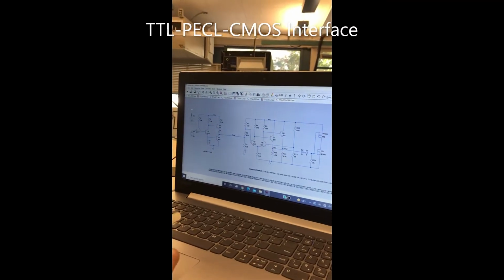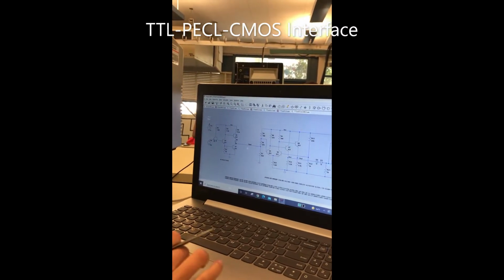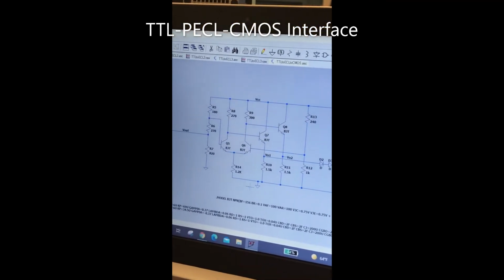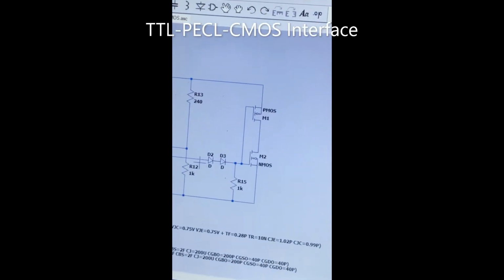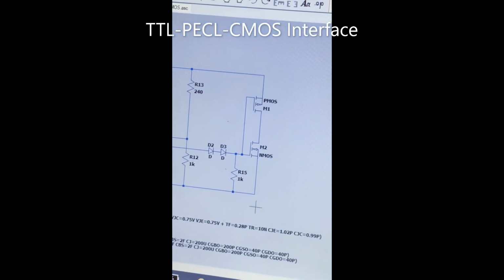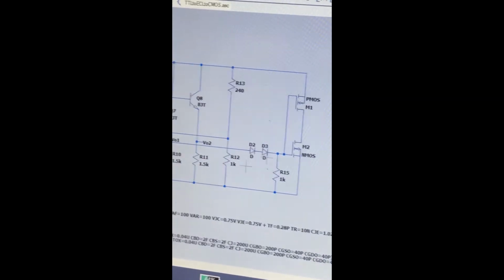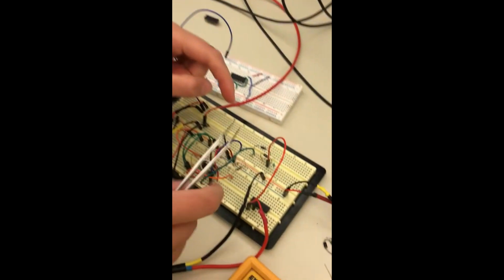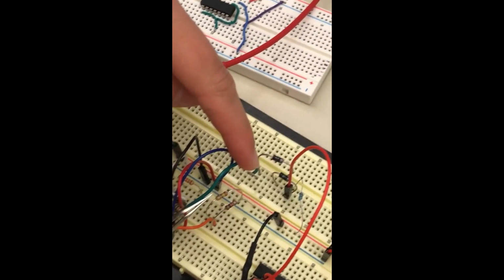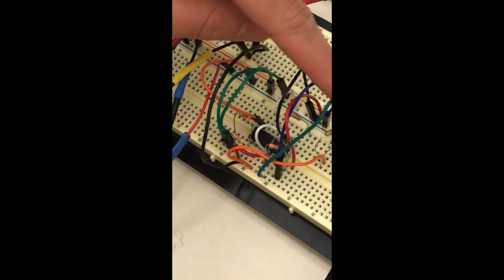So now we connected the entire circuit: the TTL interface, the ECL interface, which is this part, and then CMOS, which is here. So we implemented the interface between the ECL and the CMOS. If we look here, this is the output of the NOR gate of the ECL.